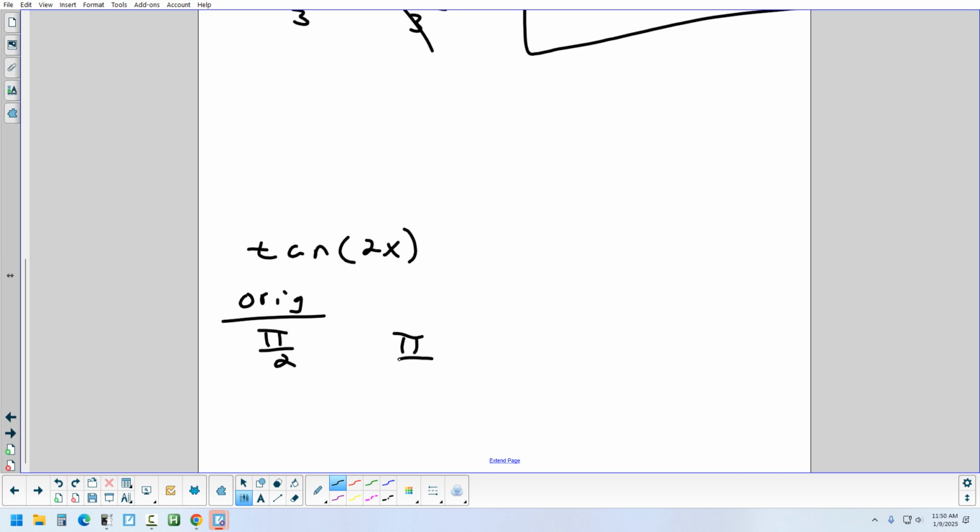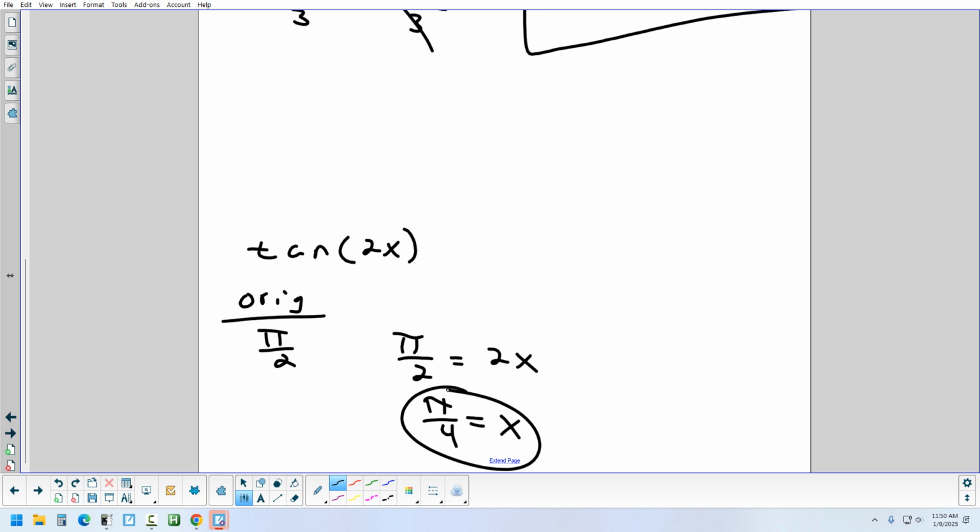What would we set that equal to know where that moves to? You'd set it equal to the argument. And how would you get x by itself? You divide by 2. So the asymptote that was at pi over 2 is now going to be at pi over 4. That's where the original asymptote moves to.